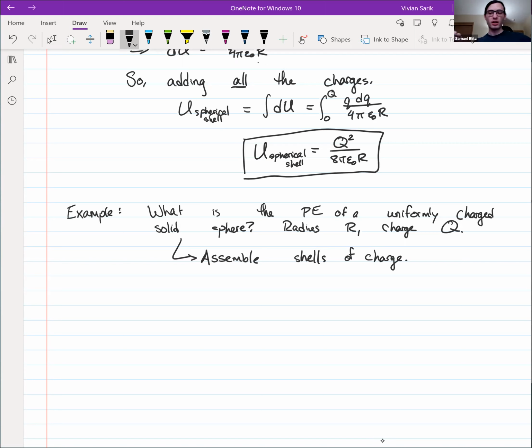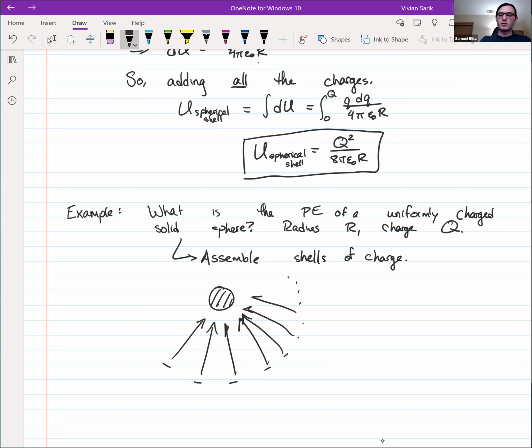So adding each shell is going to contribute to the total energy as if it were a point charge. And the reason for that is because a shell just behaves... How do I want to phrase this? Imagine that you had a sphere of charge, and then you wanted to bring in a whole bunch of charges in from infinitely far away. That would be like bringing in a shell. They're all the same distance at any given time.